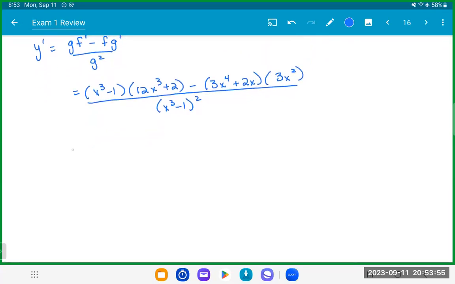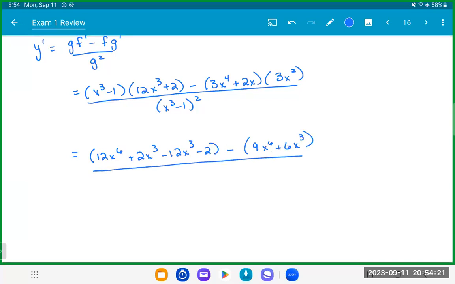So now we just need to do our FOIL method to get all of these distributed. That's going to give me 12x to the 6th plus 2x cubed minus 12x cubed minus 2, minus, that's going to be 9x to the 6th plus 6x cubed, all over x cubed minus 1 squared.